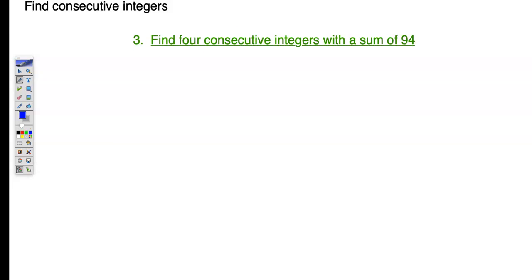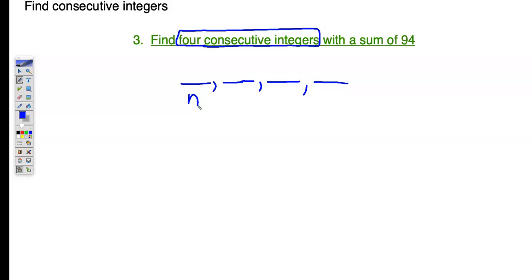Now, sometimes you don't have odd or even, like right here, it just says 4 consecutive integers. So I'm going to put 4 dashes, so I know when I'm done I should have 4 values. So this would be n. Now, if they're consecutive numbers like 16, 17, 18, there's no odd or even that we're worried about.